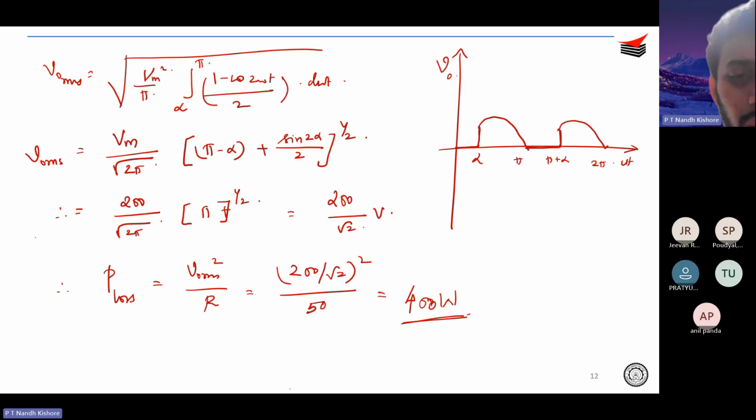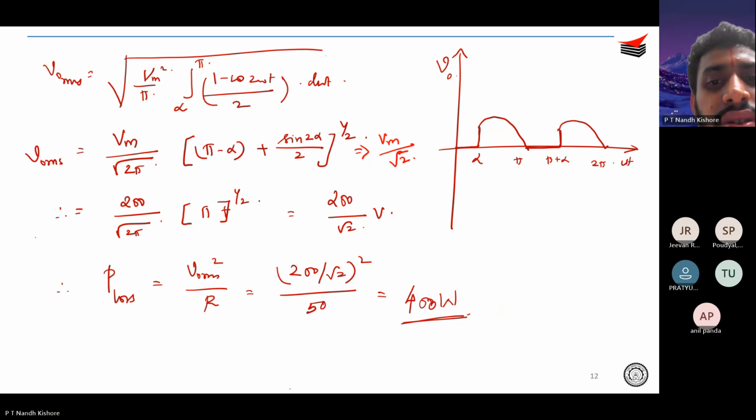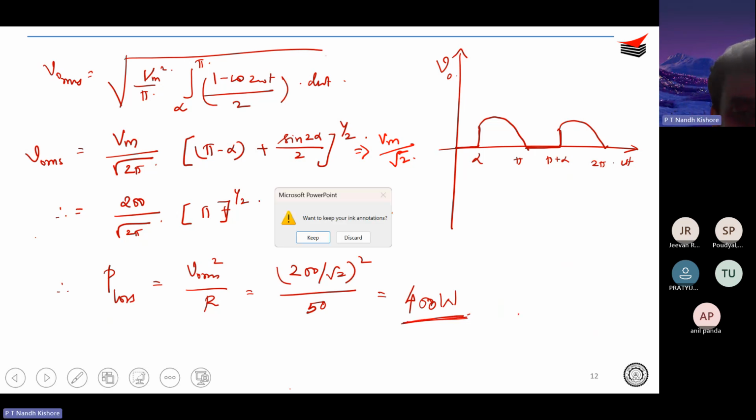So in this case, you just substitute alpha equal to 0, and you end up with Vm by root 2. So this was the loss. Okay, so we can go to the next question.